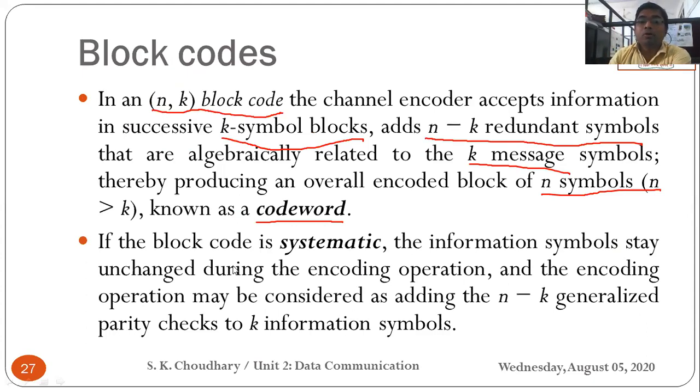Now the property of the block code is what? If the block code is systematic, the information symbols stay unchanged during the encoding operation. And the encoding operation may be considered as adding n minus k generalized parity check bits to the k information symbols.